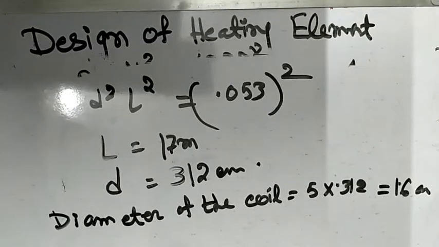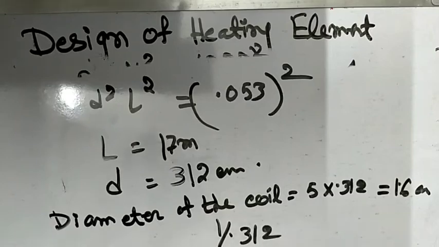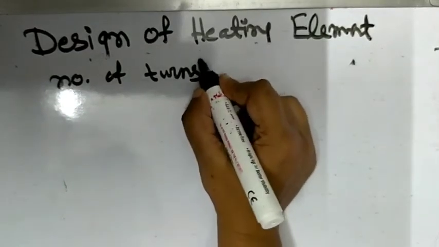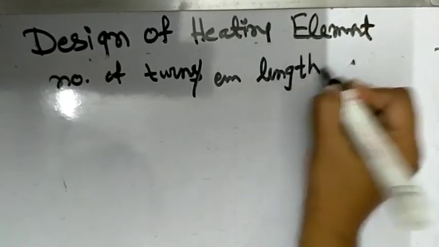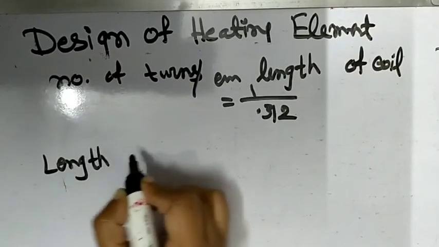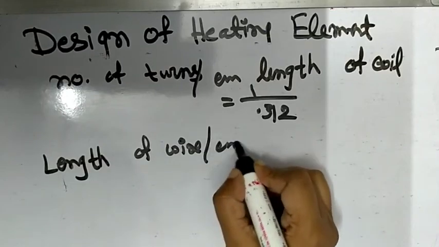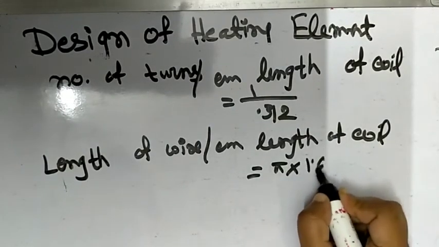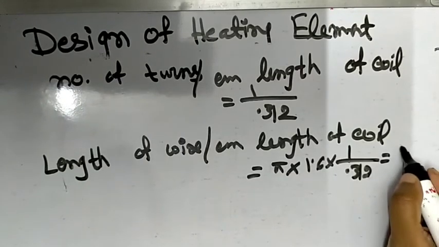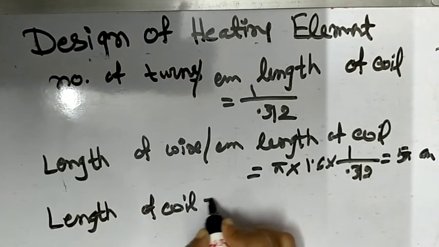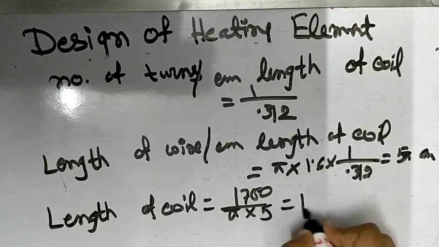Number of turns per centimeter length of the coil is 1 by 0.312, and length of wire per centimeter length of coil is pi into 1.6 into 1 by 0.312, which is equal to 5 pi centimeter, and length of coil is equal to 7000 by pi into 5, which is equal to 108 centimeter.